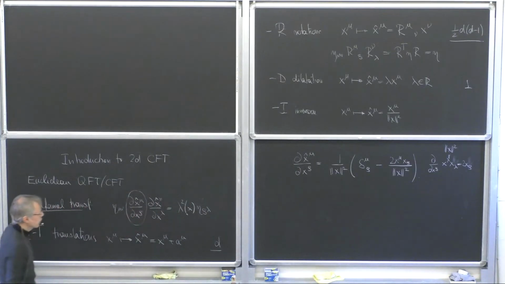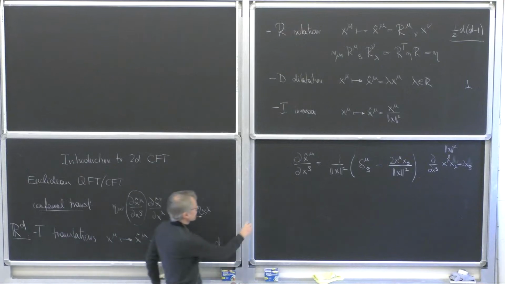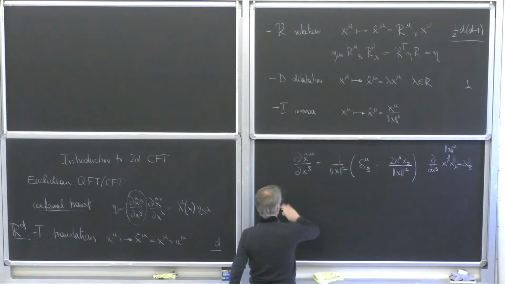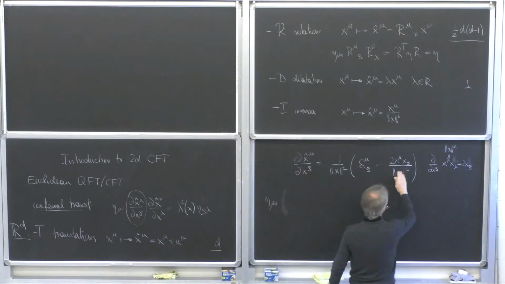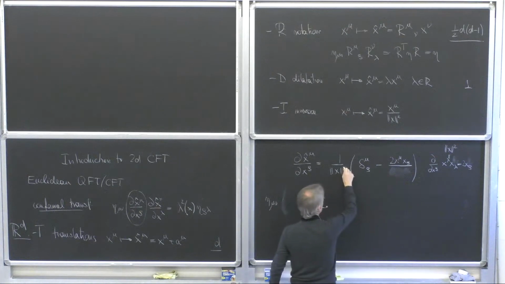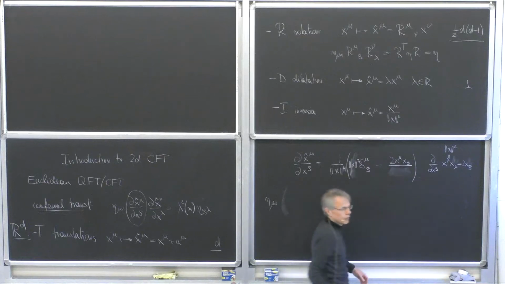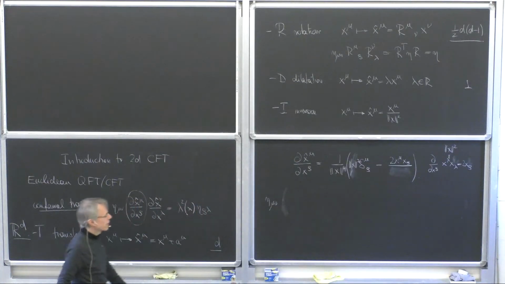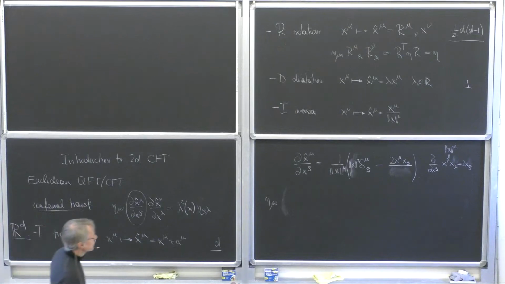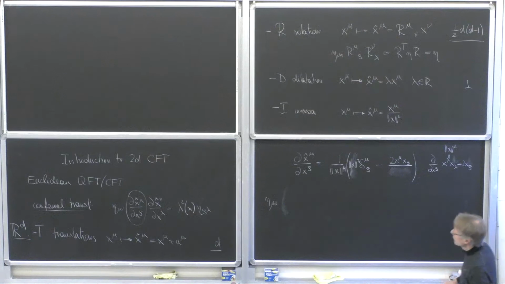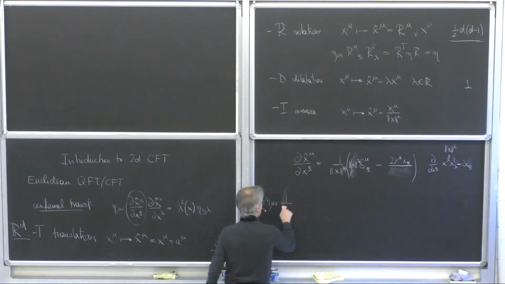Then I have to work out the left-hand side. So what's the left-hand side? I have η_μν, and then I have 2 of these factors. Now, it'll be convenient to rewrite this slightly by writing a factor of 4 here. Obviously you're going to hate me for doing this, but given the blackboard is so small, I hope you excuse me for doing this from time to time. So I'm going to get a 1 over the norm to the power 4, but I have 2 such factors, so I get a factor of 1 over x to the power 8.